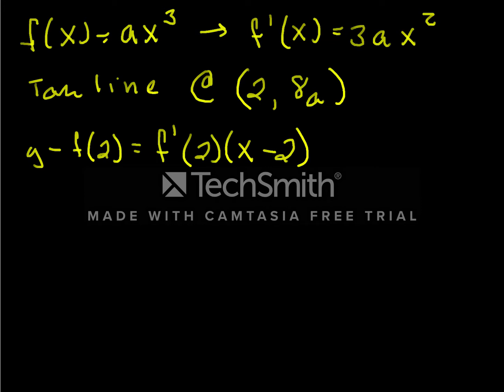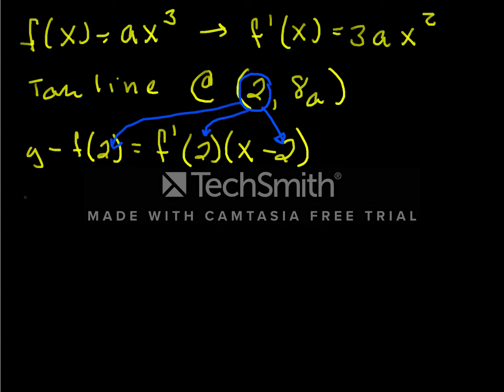Notice that the 2's are a repeating factor because that's the x-coordinate. That's really the only thing we need to know. That is the same 2 that's going there, the same 2 that's going into the derivative function, and the same 2 that is being subtracted from x. It's the same point. So our derivative really just depends on what the x value is.